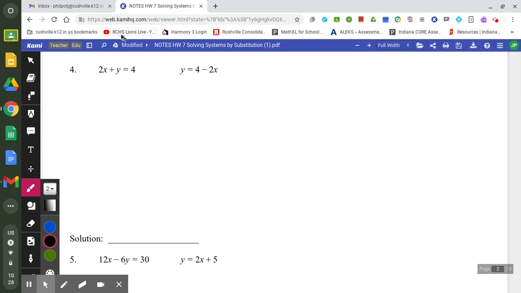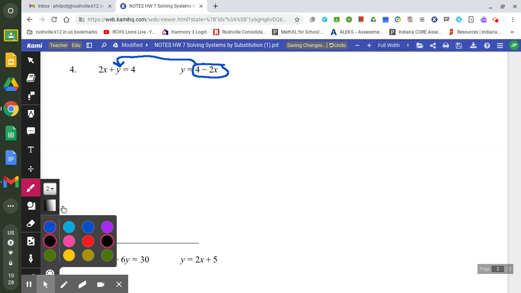Number 4, we have two equations again. This one, the second one, is already solved for y, so I can begin substituting. So I'm going to take this 4 minus 2x and put it in for the y.